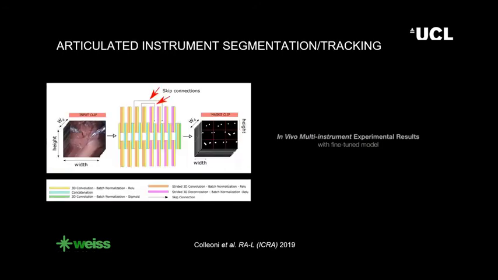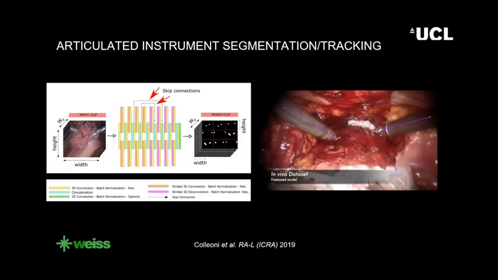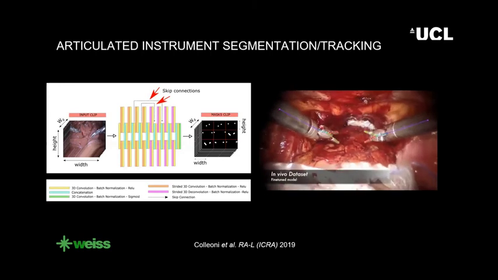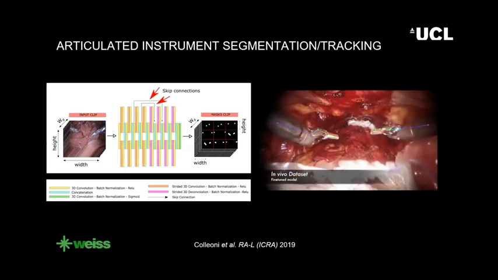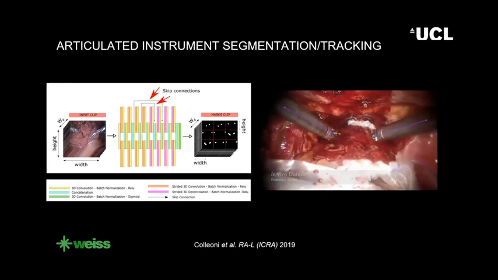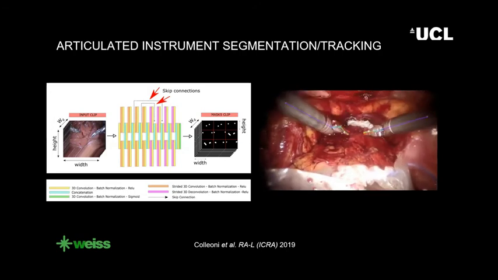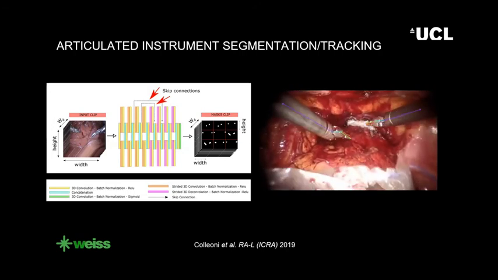In addition to segmenting every aspect of the image, a lot of work has gone into detecting instruments in particular, and also segmenting the shape of the instrument and the articulation points of the instrument. Having semantic information about instruments is quite important because it can be used for inference about what activity is happening at the surgical site.